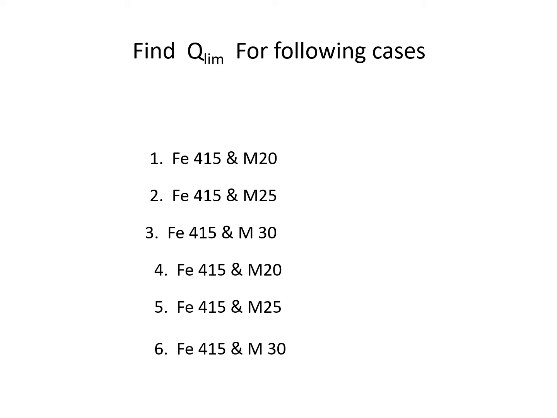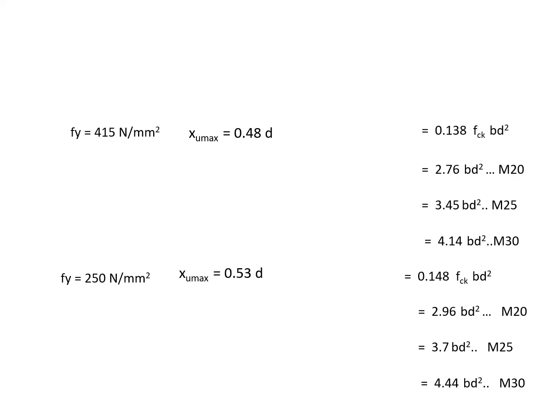You will find that it's easy to work out, because for Fe415 Xu,max is 0.48d, and for Fe250 Xu,max is 0.53d, and you will not be dealing with any other steel in this course. So you have this Mu equal to Q b d square. For example, for M20 concrete it is 2.76, M25 3.45, and M30 4.1.